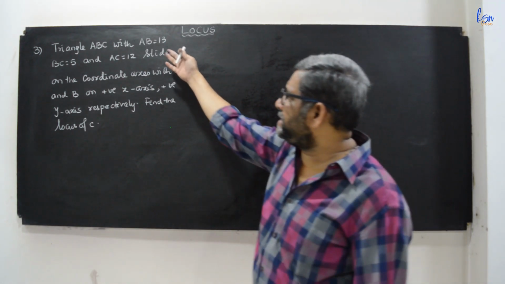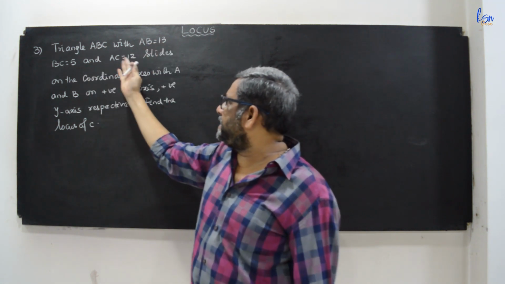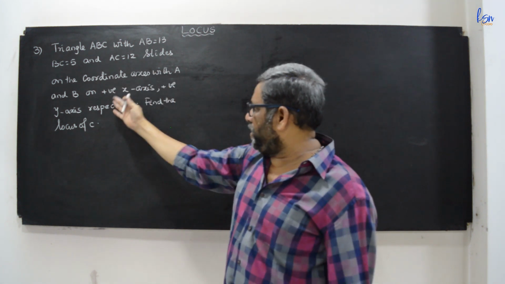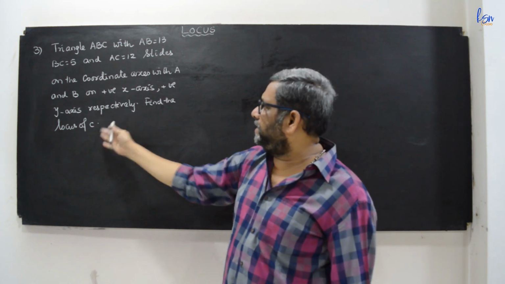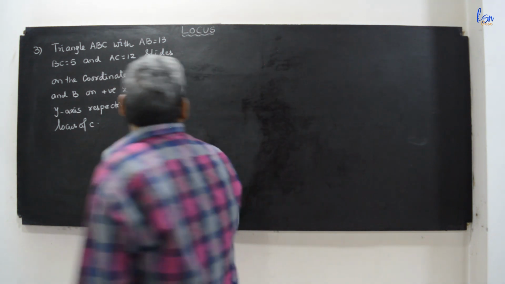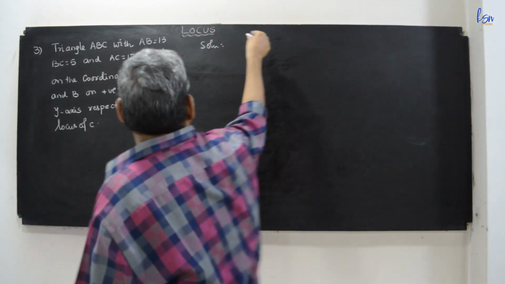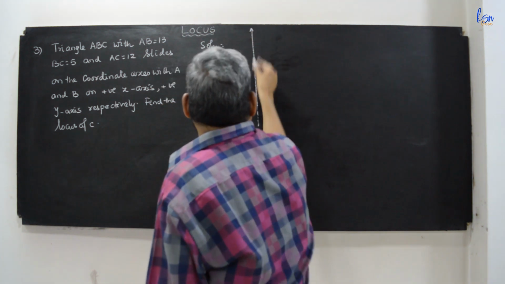The third problem is: triangle ABC with AB equal 13, BC equal 5 and AC equal 12 slides on the coordinate axis with A and B on positive x-axis and positive y-axis respectively. Find the locus of C. We will look into the solution. We will consider the coordinate axis.